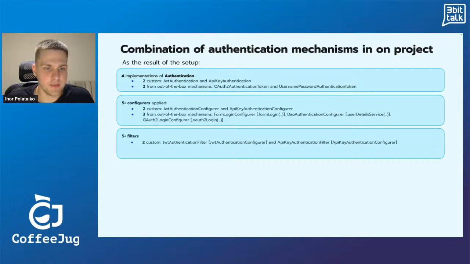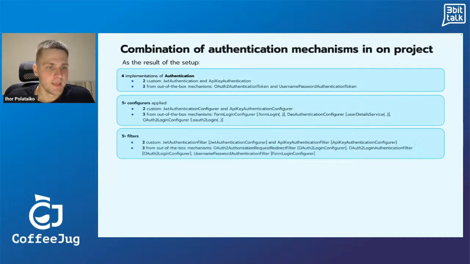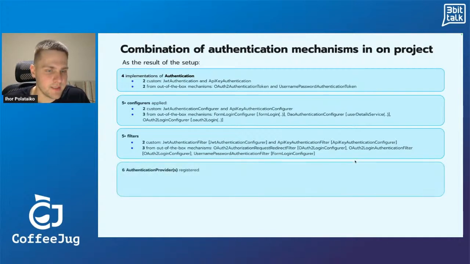There is a JWT authentication filter brought by JWT authentication configurer. There is an API key authentication filter brought by API key authentication configurer. And then there are 3 for out-of-the-box mechanisms. There are actually more than 3, but 3 of them mentioned here. So 2 of them are brought by OAuth2 login configurer, and 1 of them is brought by form login configurer.